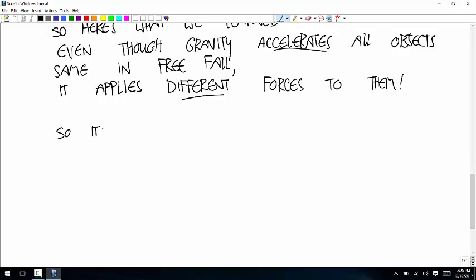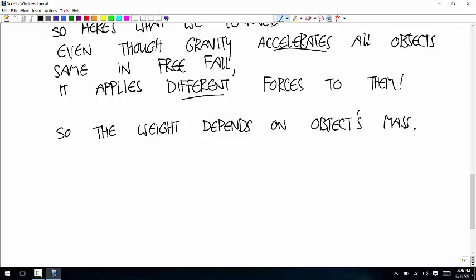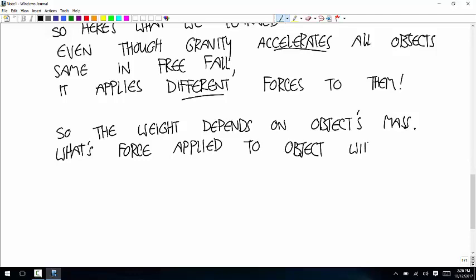So it depends on the object's mass. What's the force applied to an object with mass m in kilograms?